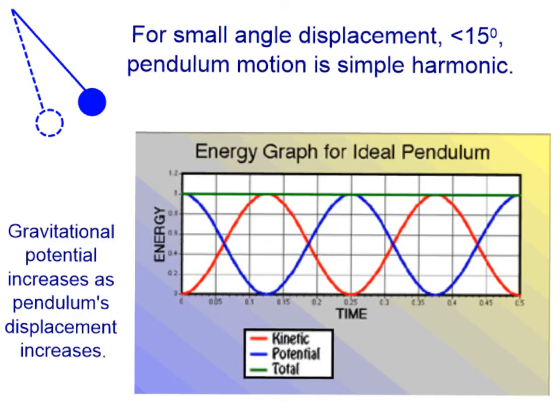Also, when we look at the mechanical energy in our pendulum system, we can see that the total mechanical energy is conserved and remains the same. However, the kinetic and potential change a lot. We can see the greatest potential energy up here and here and here.